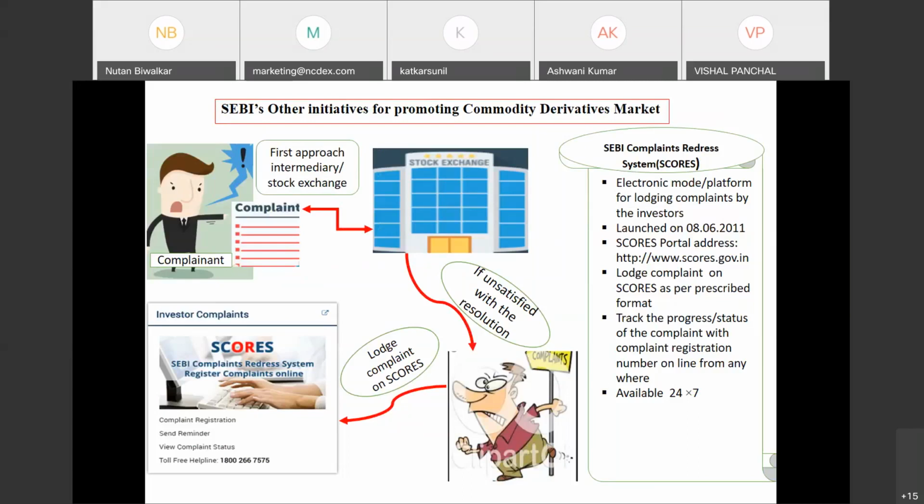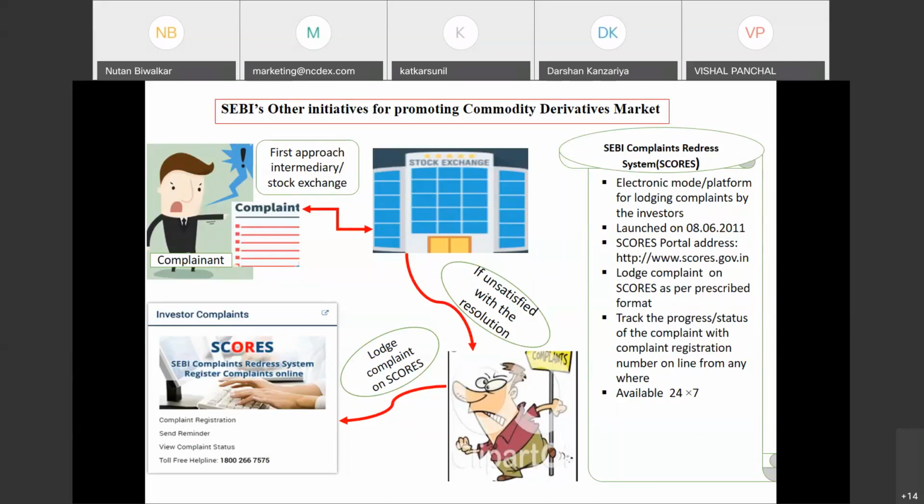Once you lodge your complaint, you have to fill four mandatory fields: your name, address, email, PAN number, and mobile number. You will get a unique code for reference and for future tracking of your complaint. Only complaints which are under the jurisdiction of SEBI will be addressed here.